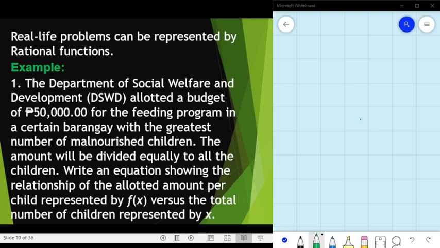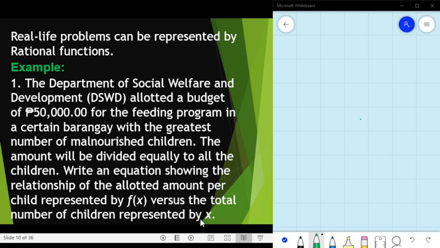Okay, so how are we going to represent this one using rational functions? Notice that if we analyze the problem, our y or f of x can be solved by 50,000 divided by the number of malnourished children in that certain barangay.